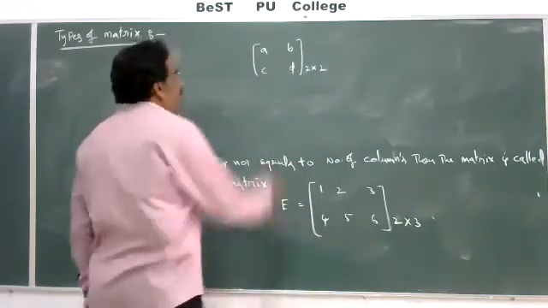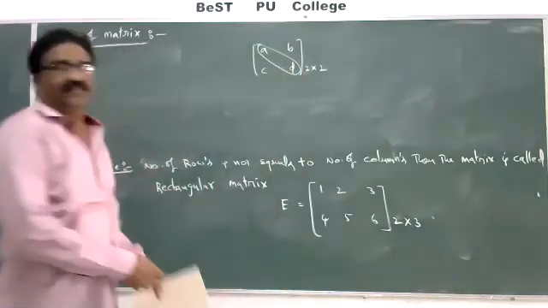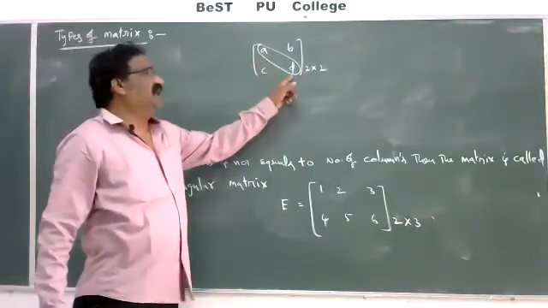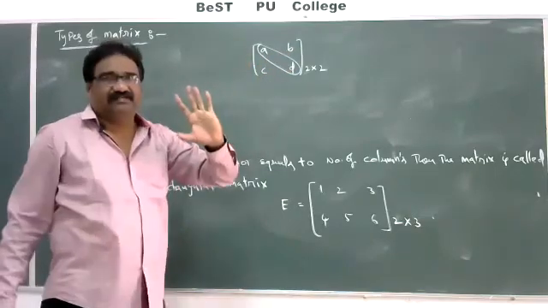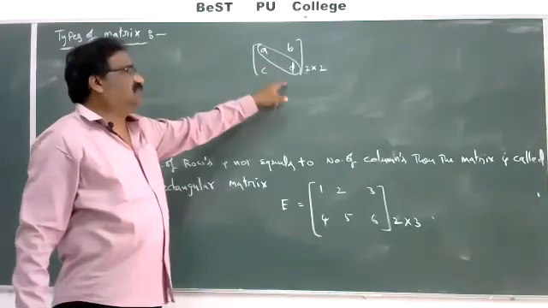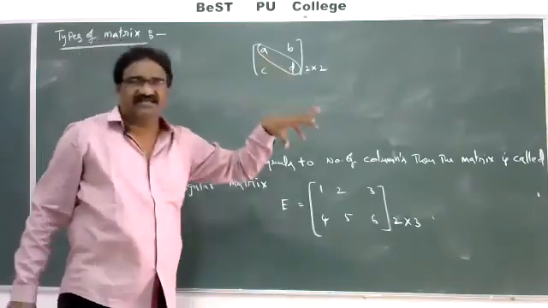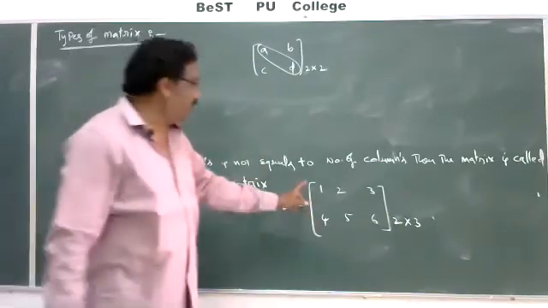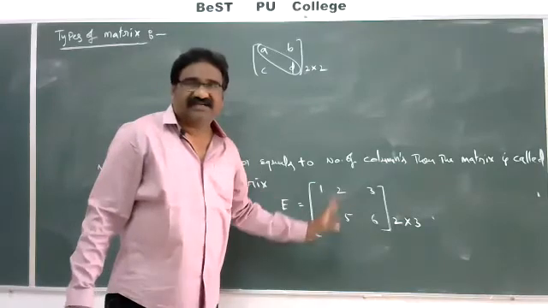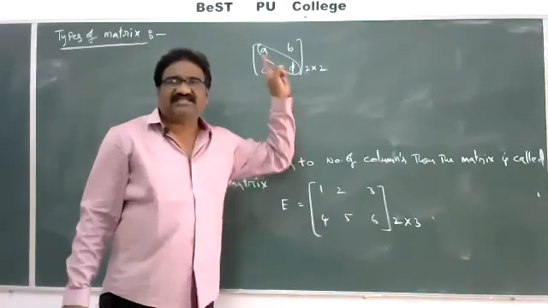In the square matrix, these elements are called diagonal elements, but B, C are not on the diagonal. Only these elements from left to right are the diagonal. So diagonal exists only in a square matrix, not in a rectangular matrix. Only in a square matrix there exists a diagonal.